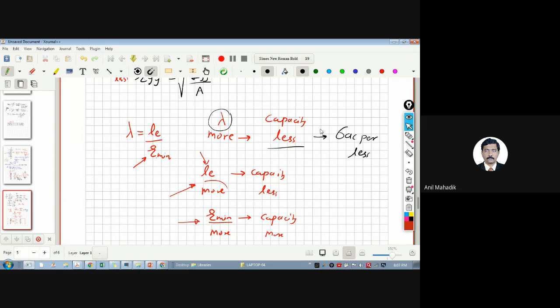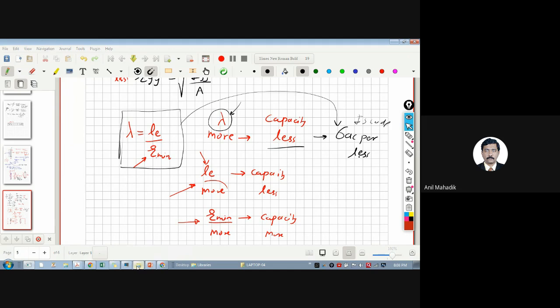So the code has given these values of sigma AC permissible as per lambda. So you need to calculate this lambda value in the design, and then you get the sigma AC permissible from the code. So it will be different for different lambda values. That's it.